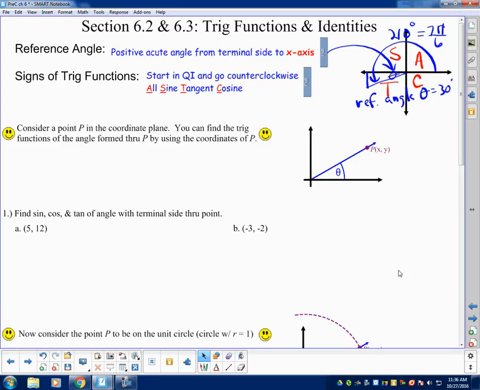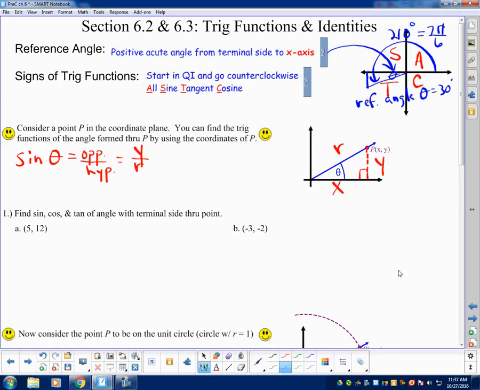So in other words, if I drop a perpendicular to the positive x-axis, make that a right angle, this is x, this is y, and this is r. And so by definition, sine of theta, which is equal to the opposite over the hypotenuse, would be equal to, in this case, y over r.